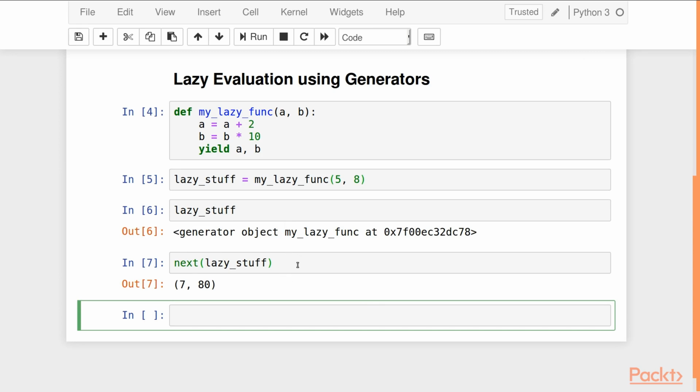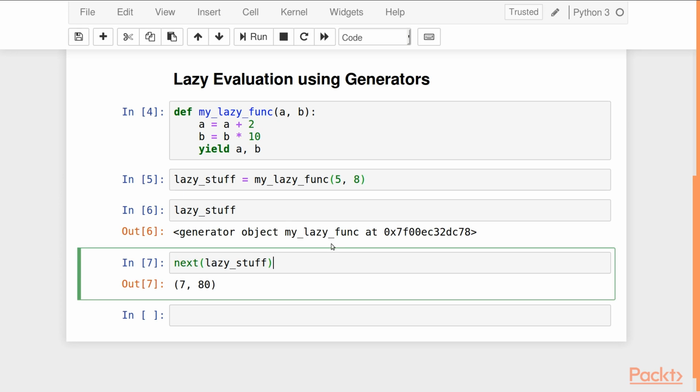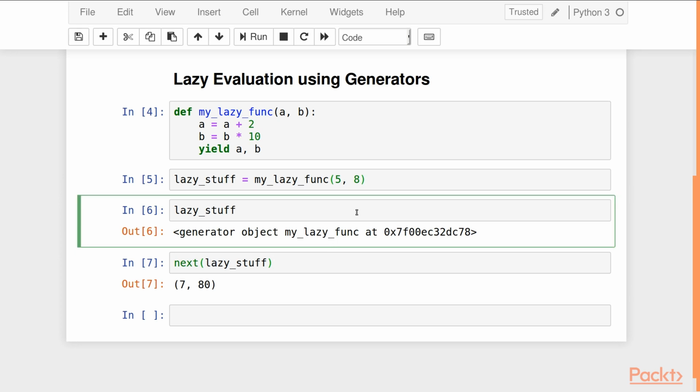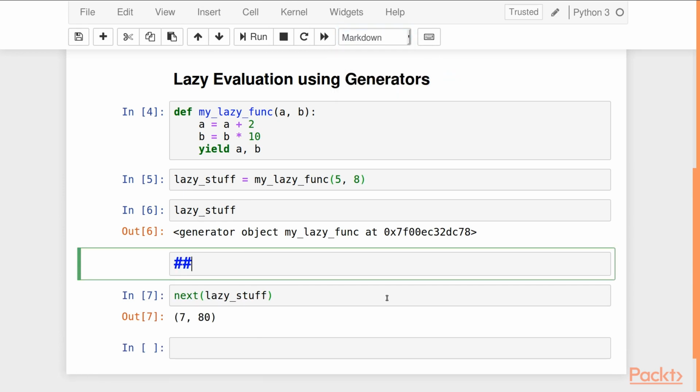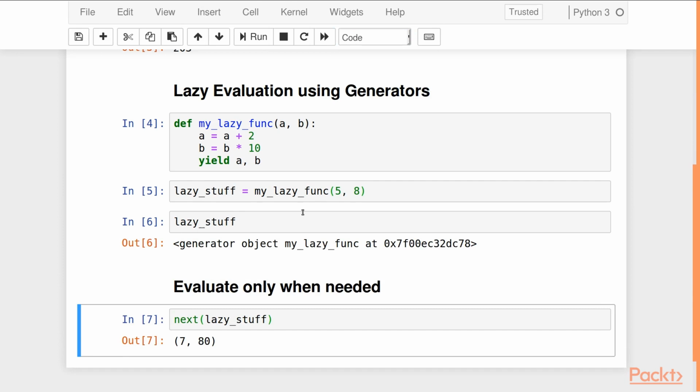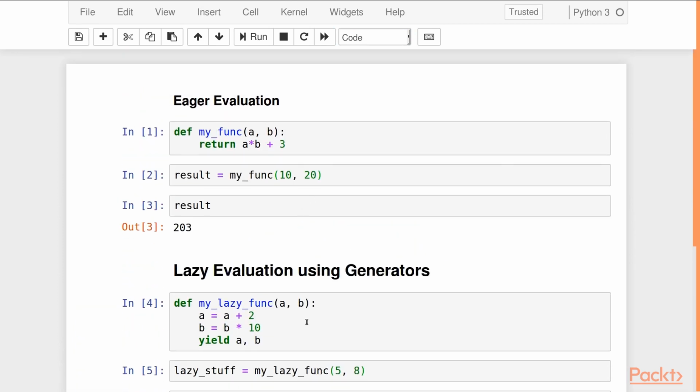This is an example of a lazy function in which the expression is only evaluated when we need it. Up until now, I did not need it, so I did not evaluate it. So this is an example of lazy evaluation.